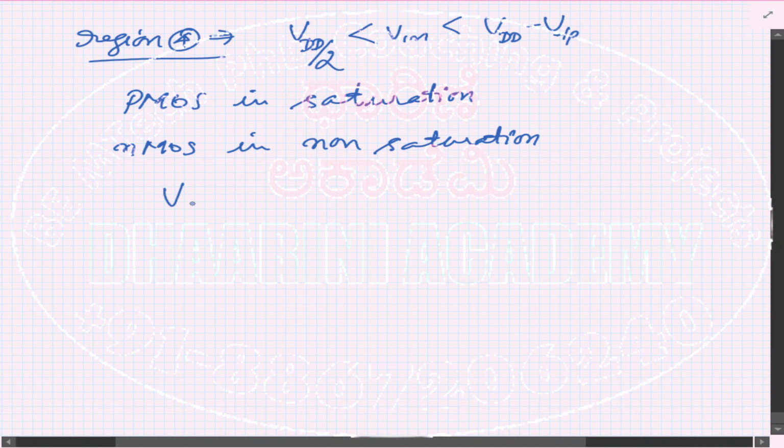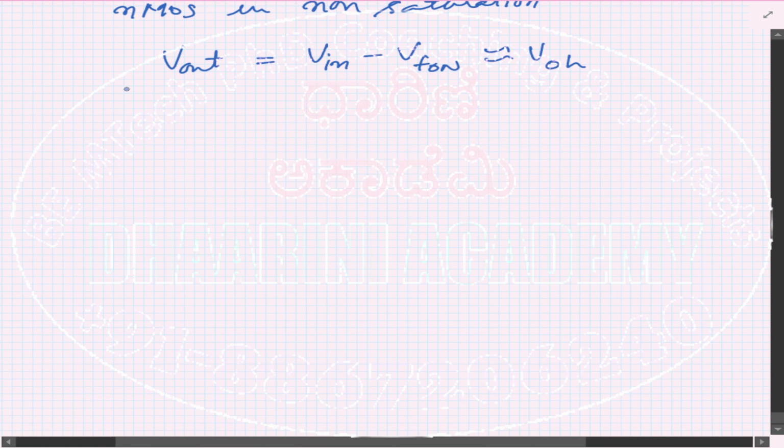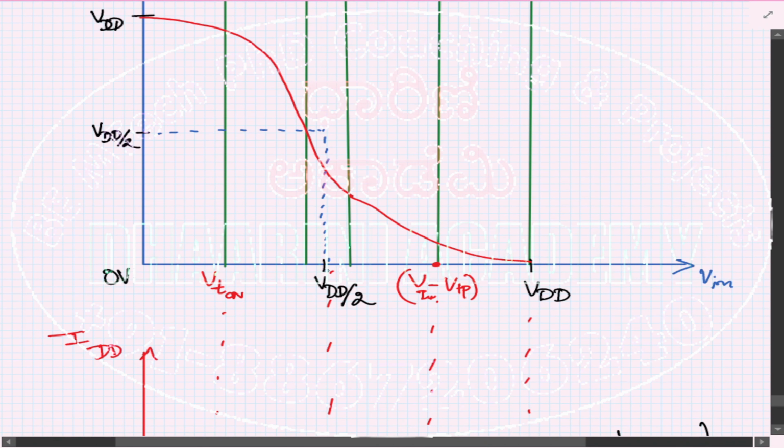In this case, Vout is equal to Vin minus VT on, and this itself is called VOL. So that's how the output is measured in region number 4, which means it is very close to VOL, for low. A lower output voltage will come. Just verify: in this region, I have a lower voltage coming at the output.